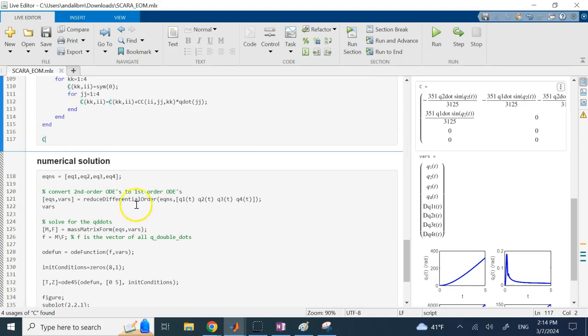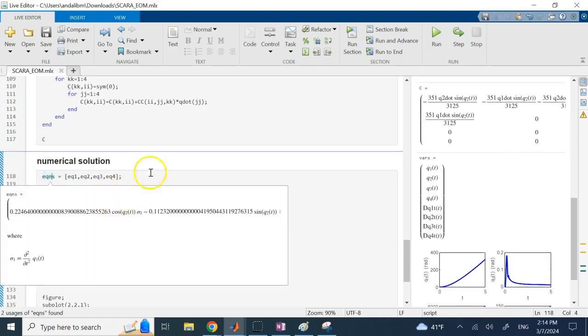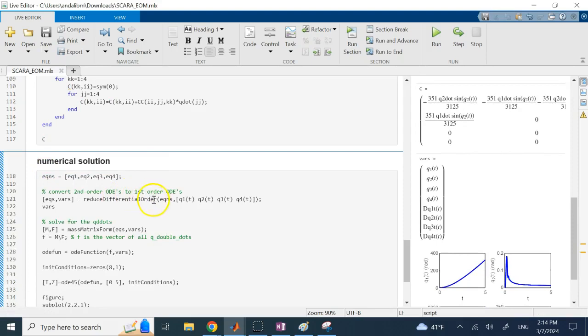So I need to do both of those things. Here you see I combine all of these 4 symbolic ODEs into a vector, and then I pass it to this reduced differential order function in MATLAB.